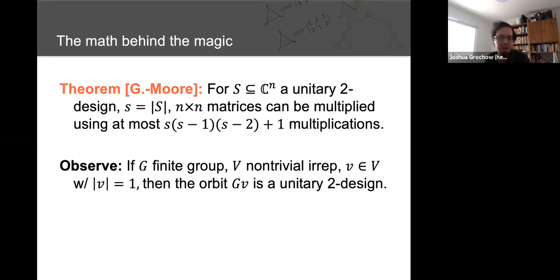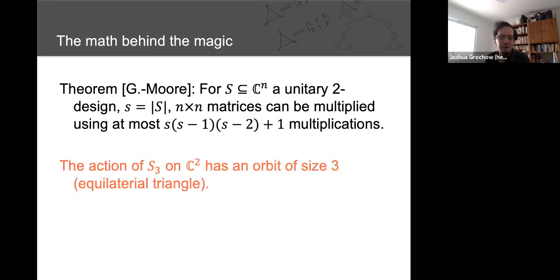If you were following the thread about finite groups, if G is a finite group and V is a non-trivial irrep, then any orbit in there is a unitary 2 design. So you can find unitary 2 designs in abundance. What's the smallest one we can think of?